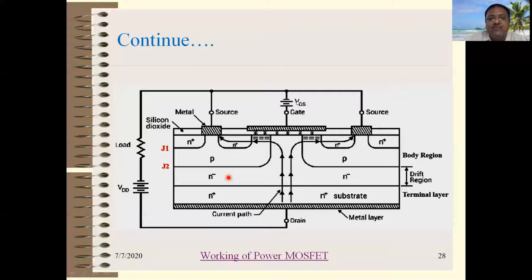In this figure, if VGS equal to 1 volt, the positive charge will develop on the metal plate, which will attract the free electrons, which are basically minority charge carriers present in this P region, and the P region gets attracted towards the metal plate and forms an inversion layer. The inversion layer will form here and here, right? And once the inversion layer forms, a small amount of current starts to flow through that inversion layer. The inversion layer is nothing but a bridge, right? So electrons can travel from N plus, N minus, this inversion layer, then N plus, then the source terminal, and then back to the negative terminal of the battery.